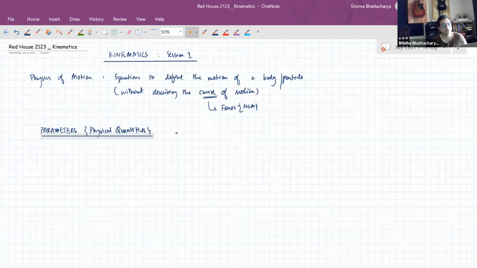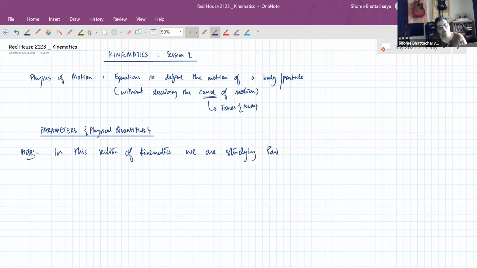Now, before we get into the physical quantities, one thing further we'll understand is that in this section of kinematics, we are basically studying what is called particle kinematics.